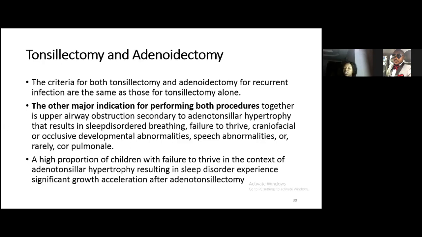The other major indication for both procedures together is upper airway obstruction secondary to adenotonsillar hypertrophy that will result in disordered breathing, failure to thrive, craniofacial or occlusive developmental abnormalities, speech abnormalities, or rarely cor pulmonale. A high proportion of children with failure to thrive in the context of adenotonsillar hypertrophy resulting in sleep disorder experience significant growth acceleration after adenotonsillectomy.